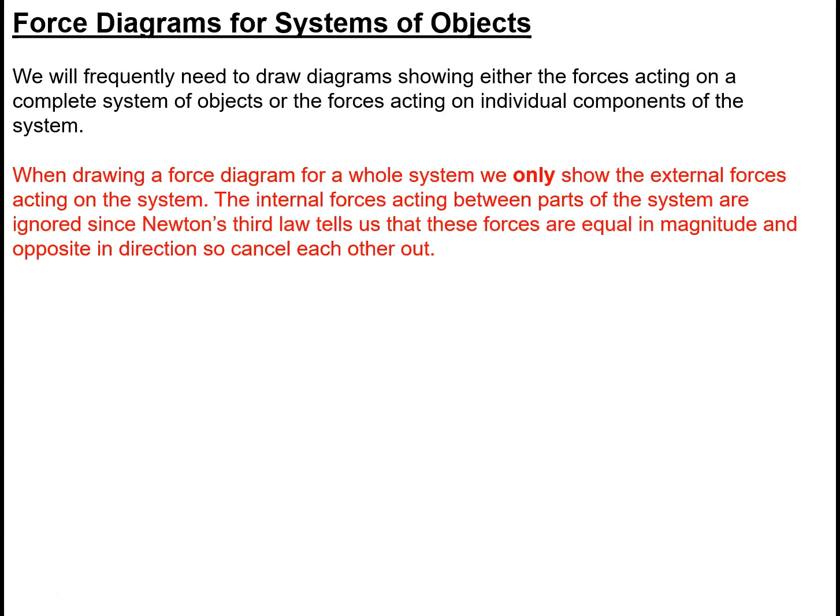So when drawing a force diagram for the whole system, we only need to show the external forces acting on the system. The internal forces acting between parts of the system are ignored, since Newton's third law tells us that these forces are equal in magnitude and opposite in direction, so will cancel each other out.